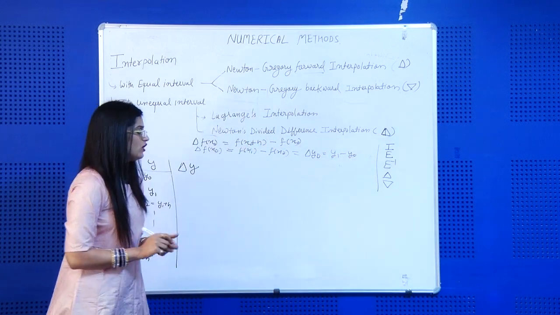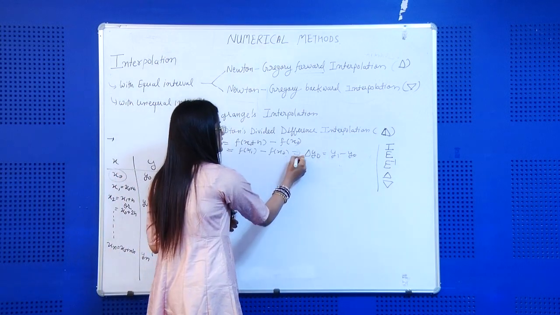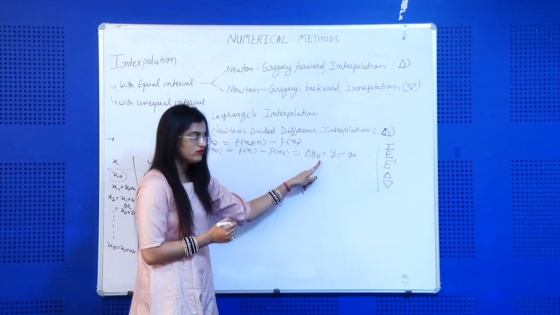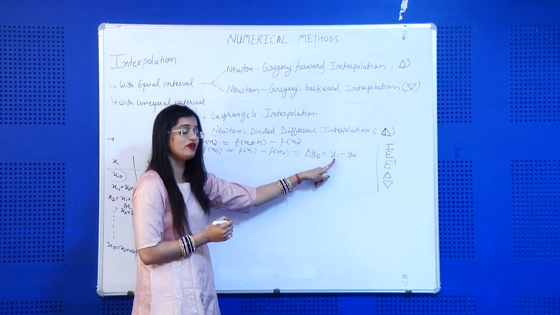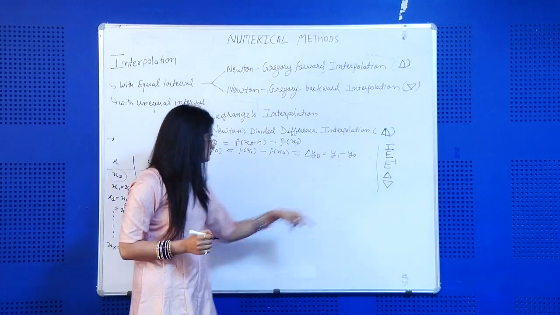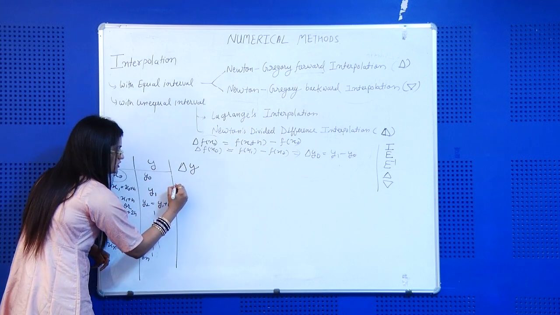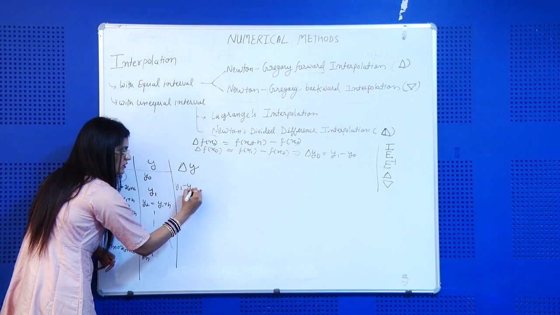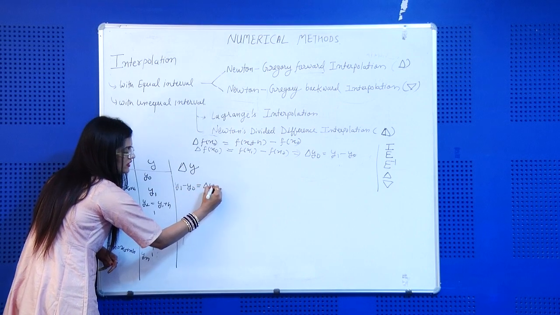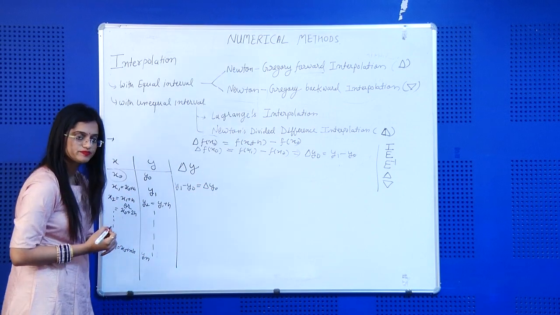So for the initial value, delta of y naught, we do the calculation y1 minus y naught. The first difference, y1 minus y naught, gives the value of delta of y naught.